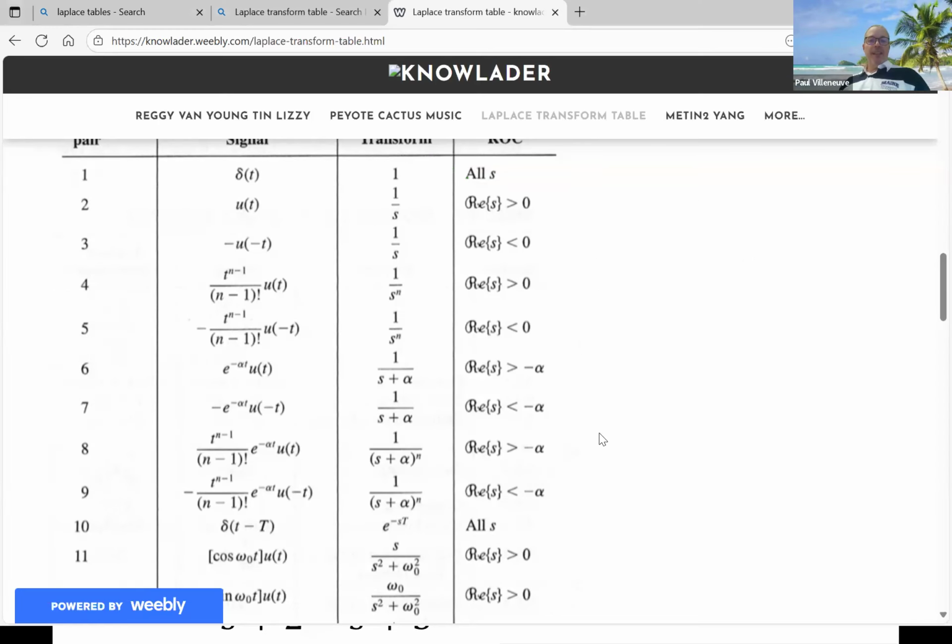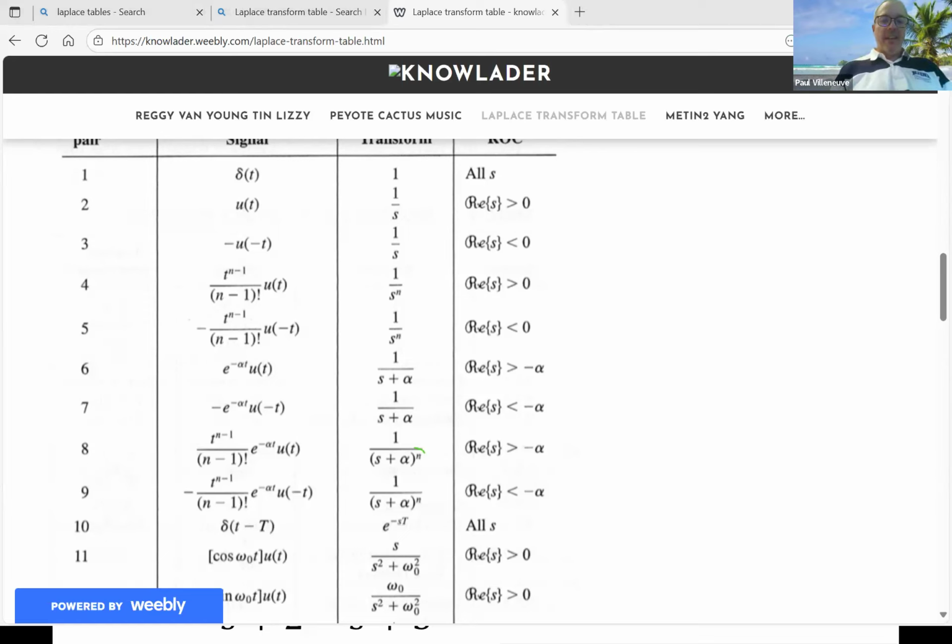Well, the only time I see an s squared is here, item number 11 or number 12, and perhaps item number 8, which is possible to have an s squared term. But in each of those cases, it's got just one coefficient.